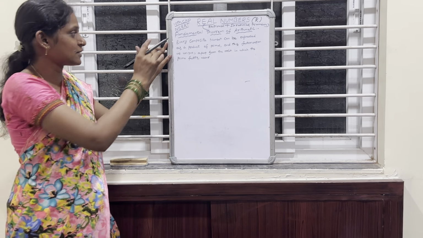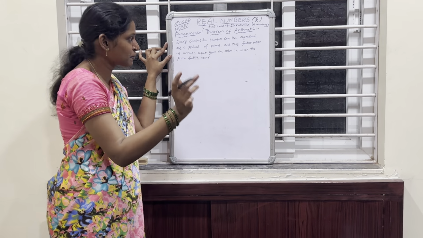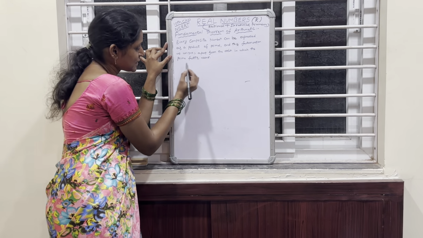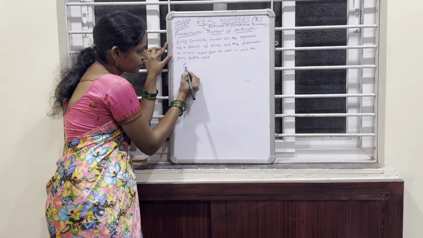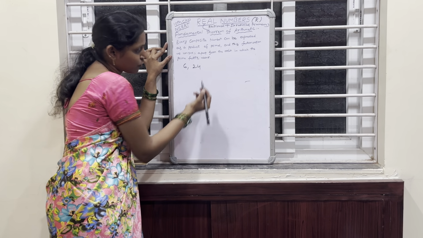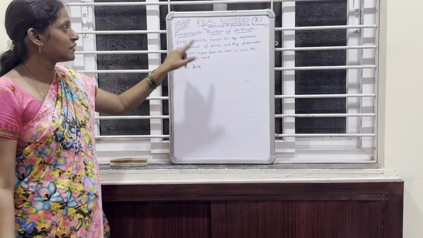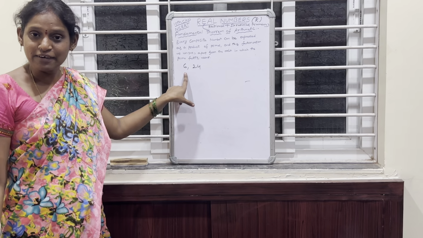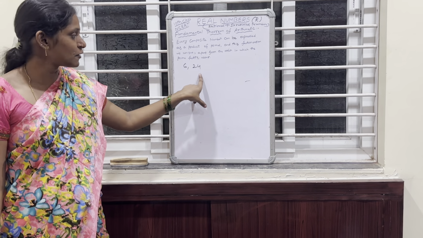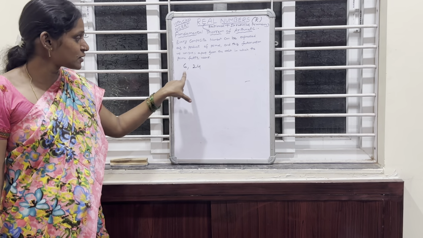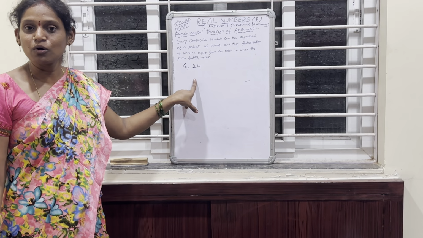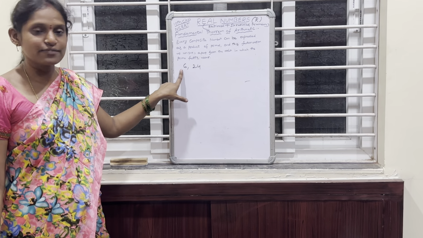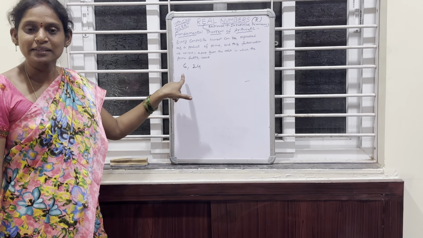For this definition, I will give one example so you can understand. See the numbers 6 and 24. 6 is a composite number, 24 is a composite number, because they have more than 2 factors. The factors of 6 are 1, 2, 3, 6.